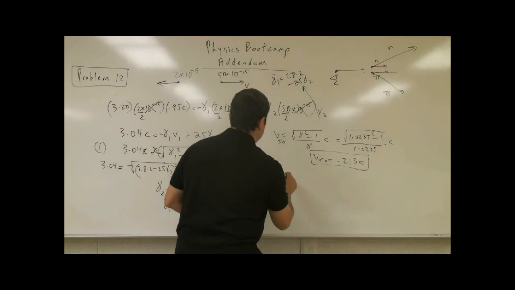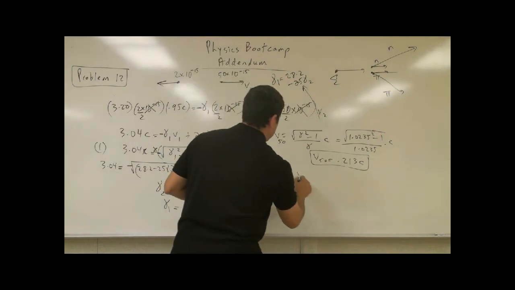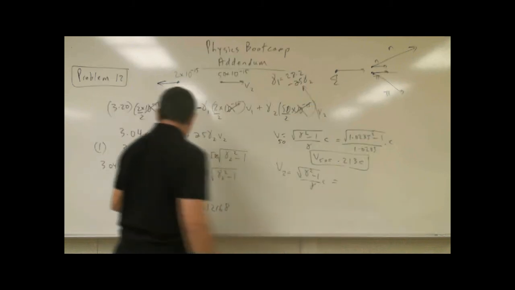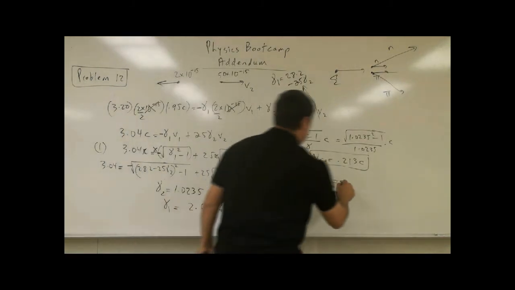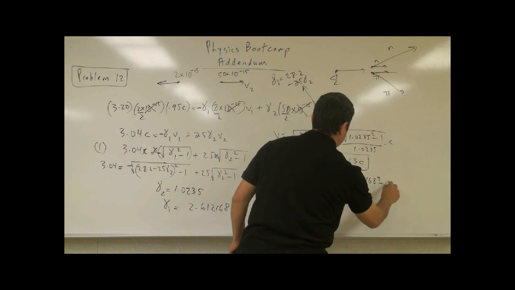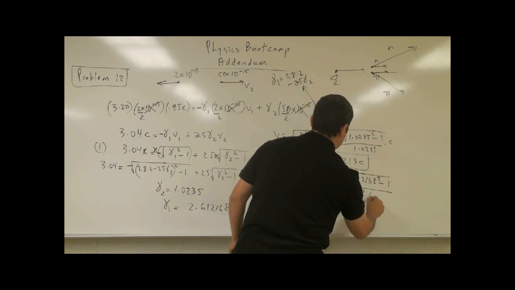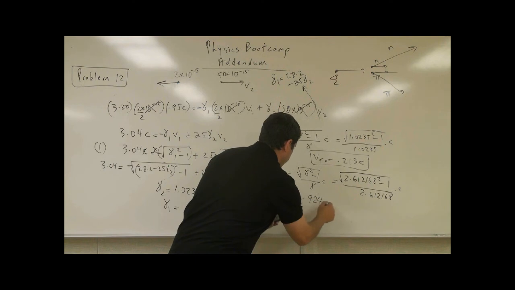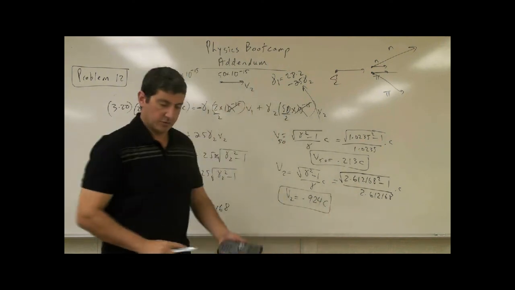And then the V of the 2, square root of gamma squared minus 1 over gamma times C. And then you're going to put in 2.612168 squared minus 1 over 2.612168 times the speed of light. Okay?